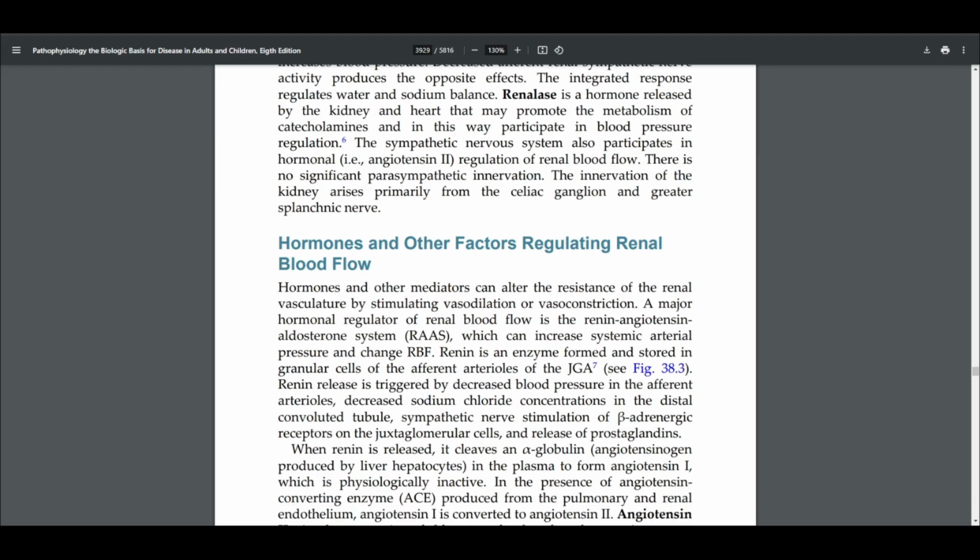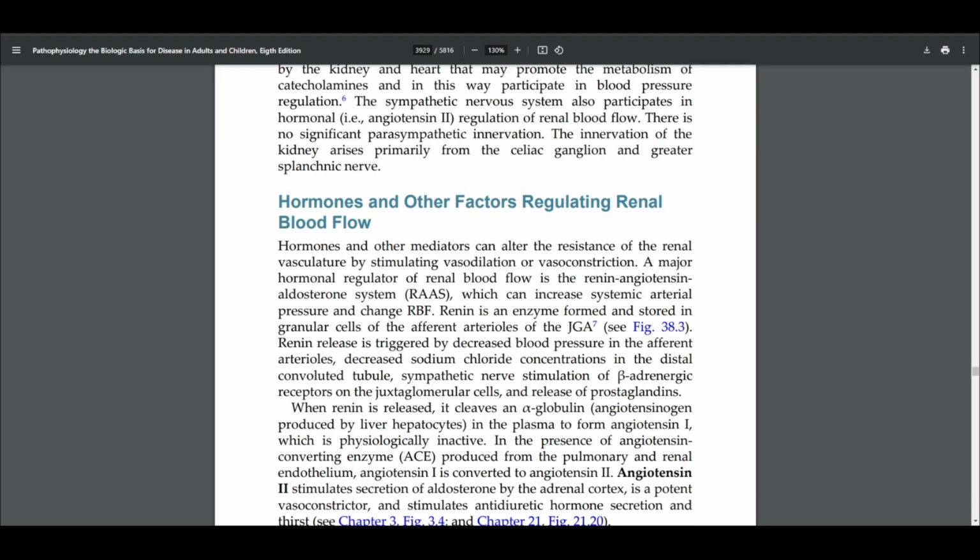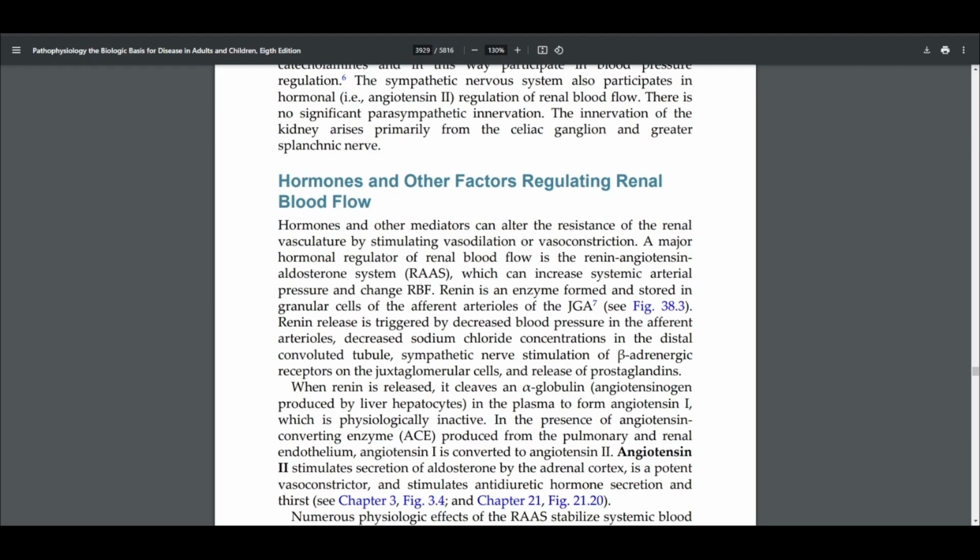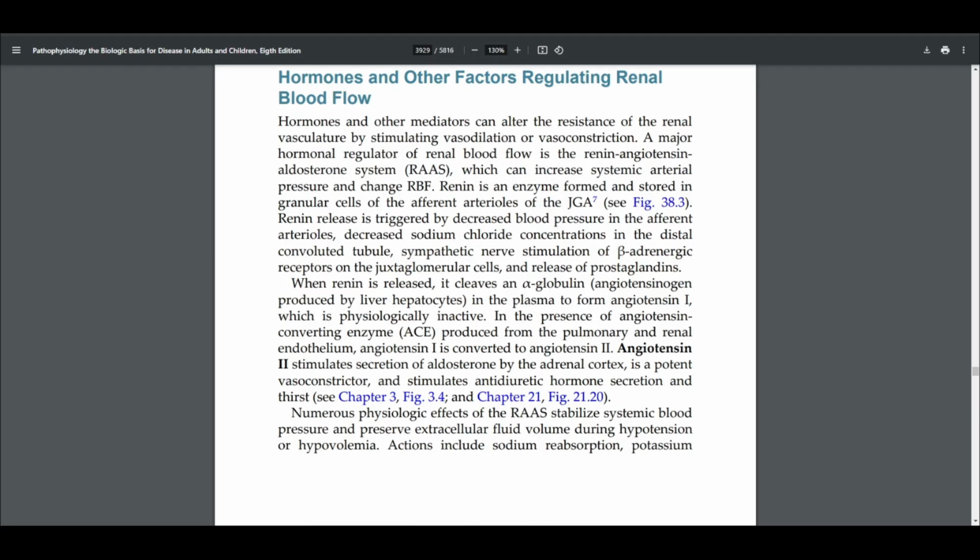There is no significant parasympathetic innervation. The innervation of the kidney arises primarily through the celiac ganglion and greater splanchnic nerve, leading us to hormones and other factors regulating renal blood flow.